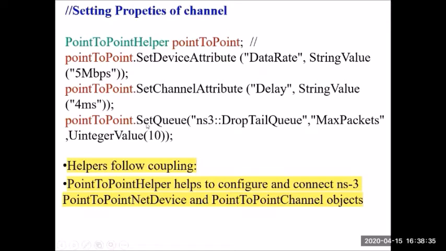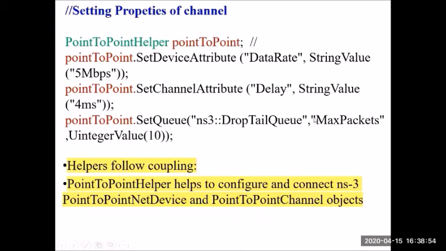And lastly, I'll set the queue. So this is also a device attribute. Like set device, set queue, it's given directly. In this point-to-point channel, I can give the type of queue and what is the maximum size of the queue.